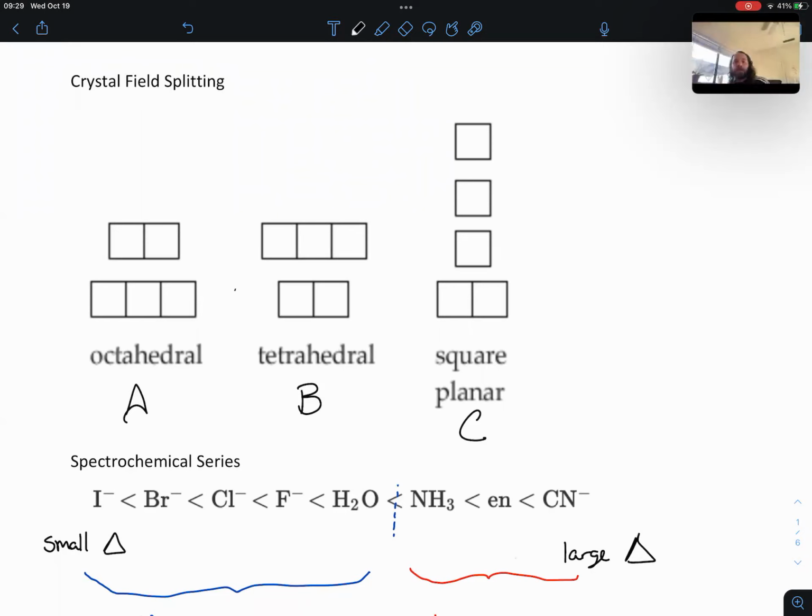Given our formula, Fe(CN)6 3-, we have to determine whether we have an octahedral geometry, and we had our electron configuration too. What's it going to be? A, B, or C for our geometry?